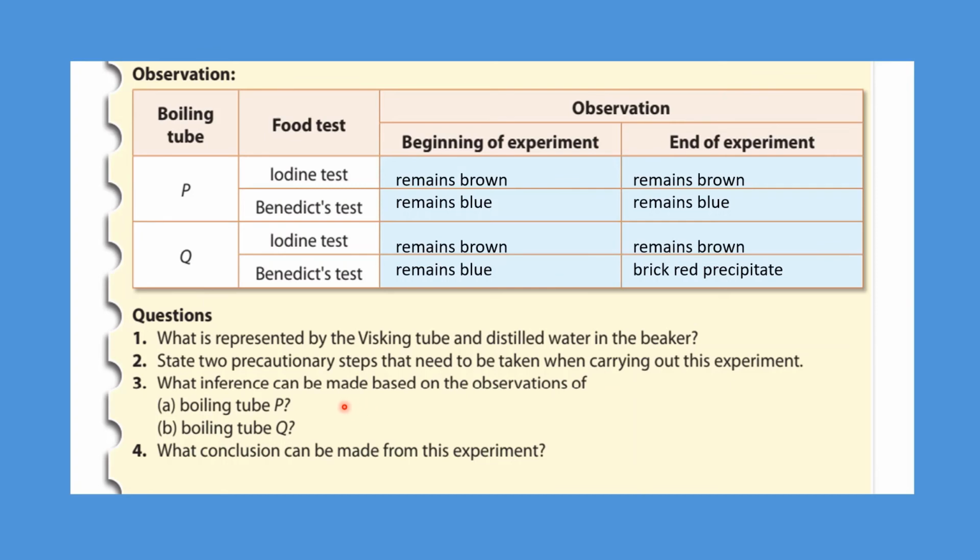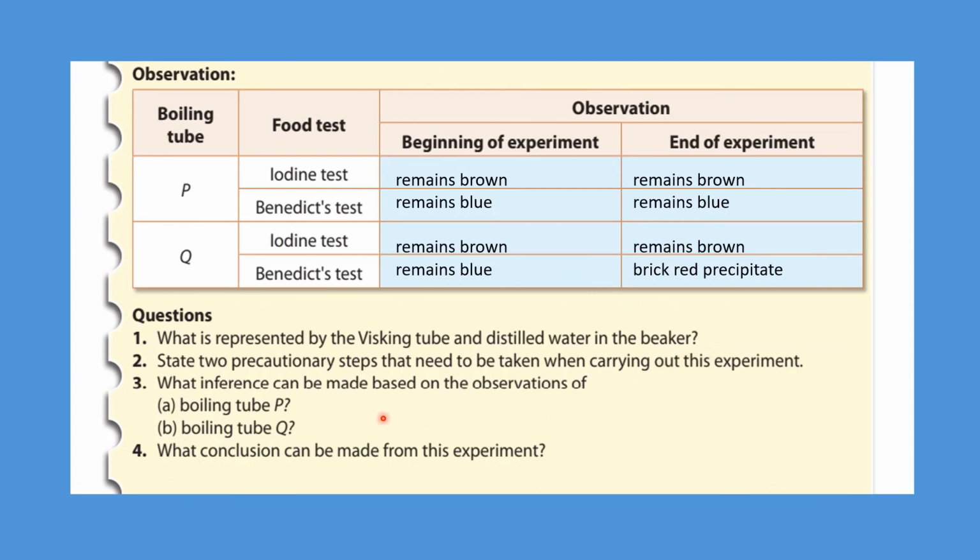Now the inference. An inference is actually the observation with the reasons given. In boiling tube P, did you see any changes? The iodine solution remains brown because the starch molecule is bigger and cannot pass through the Visking tube into the distilled water.